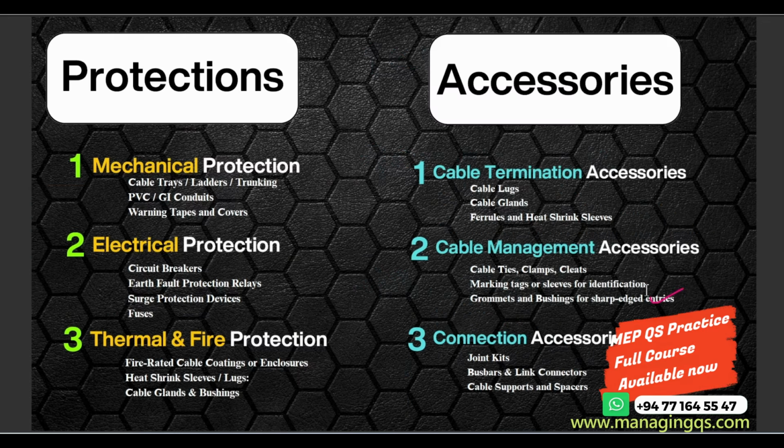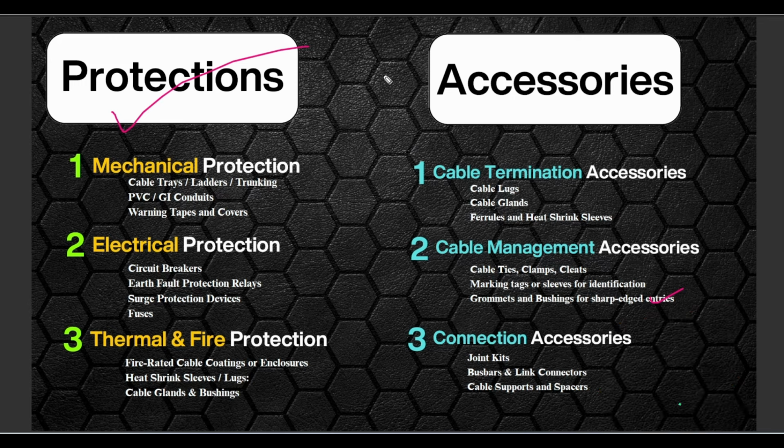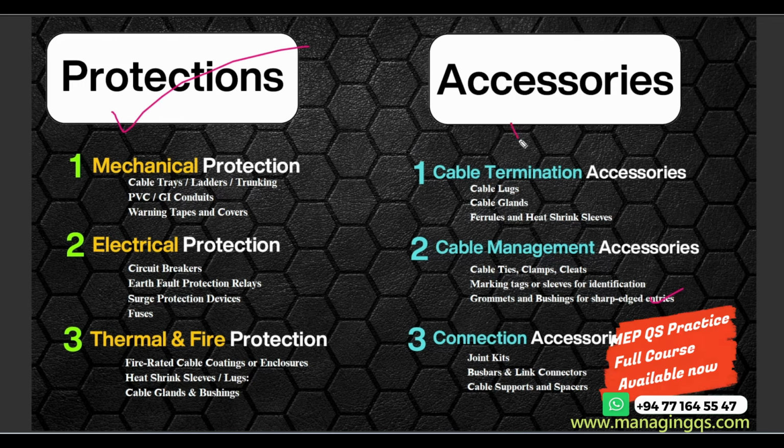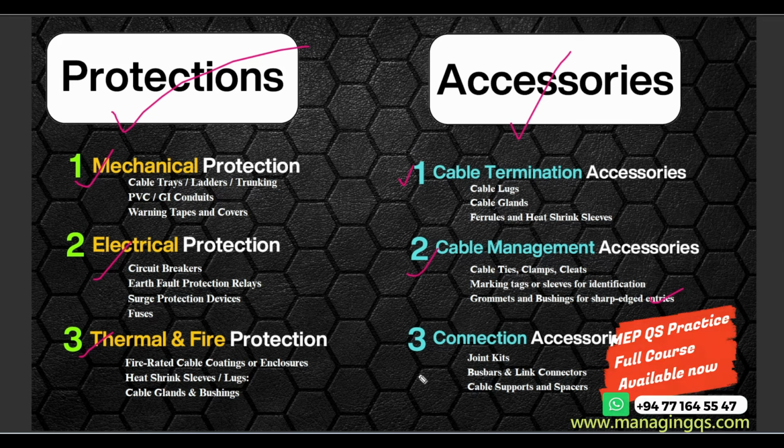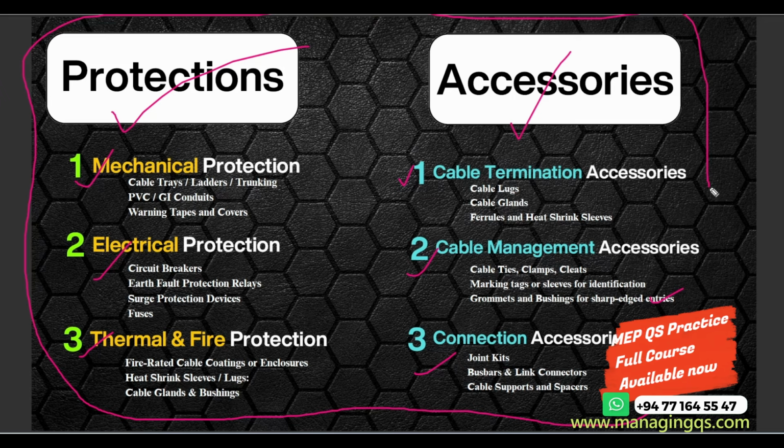So you have to understand the necessary protection, what necessary protection should be included in the cable measurement, and also what necessary accessories are involved in the cable installation. This is the general idea, so you have to thoroughly check your drawings and your specification for the requirements of your project. Okay, so this is a general idea. You should know these ideas. Once you know these ideas, you can easily produce the rate.